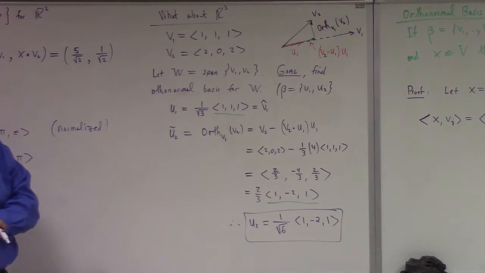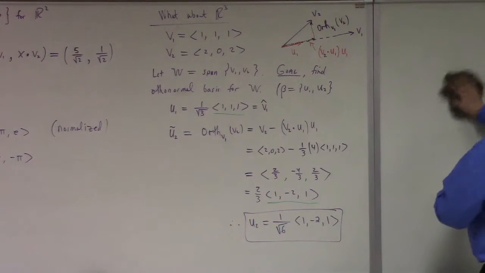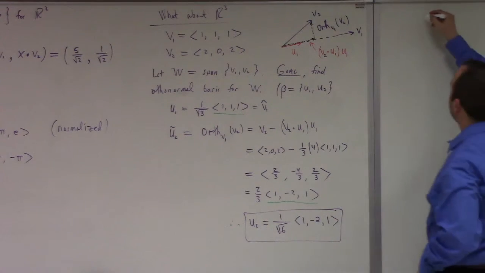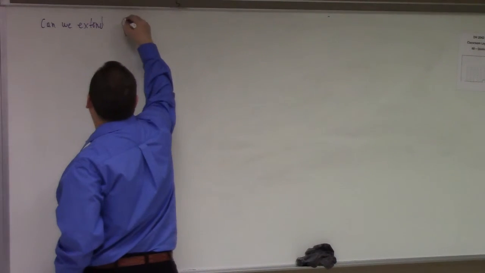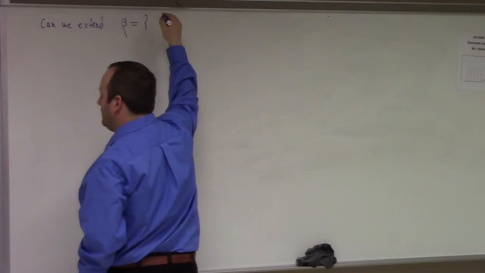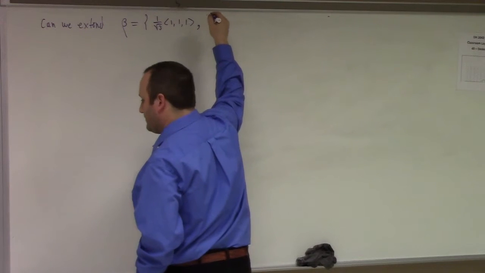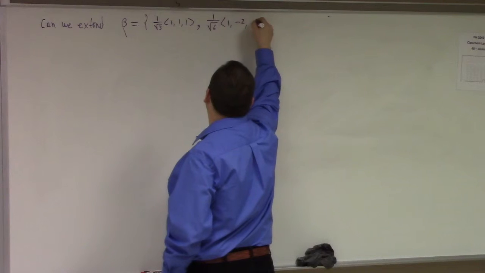Now, how would you get an orthonormal basis for R3 from this? Continuing this example, how would you find an orthonormal basis for R3? Can we extend beta, which was 1 over root 3 times (1, 1, 1), comma, 1 over root 6 times (1, -2, 1)?